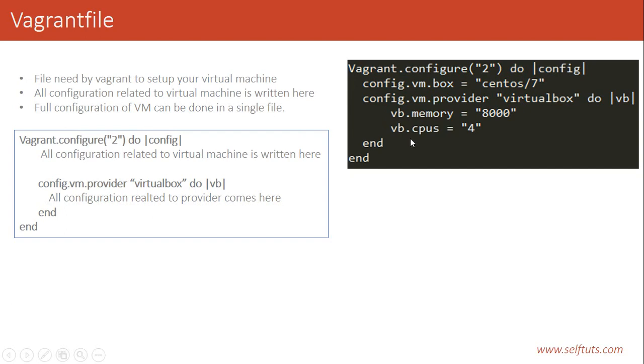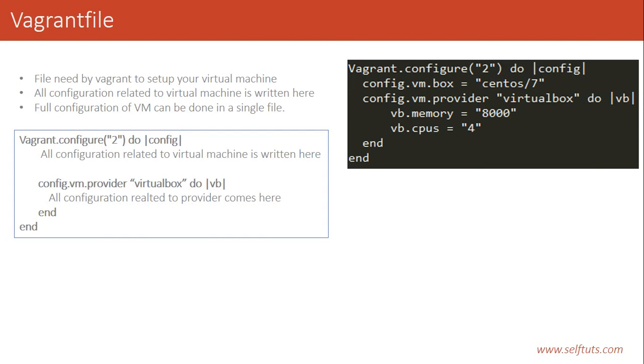I'll explain this later, but the first thing that we write in our Vagrant file is which box we are going to use. In this case we are going to use the CentOS 7 box, which we have already downloaded and which I showed you by running the command vagrant box list.